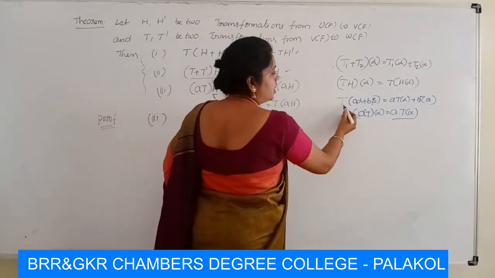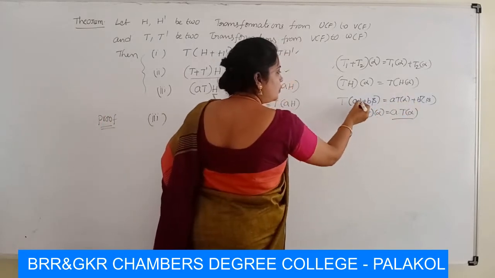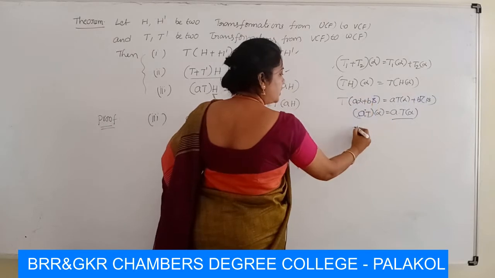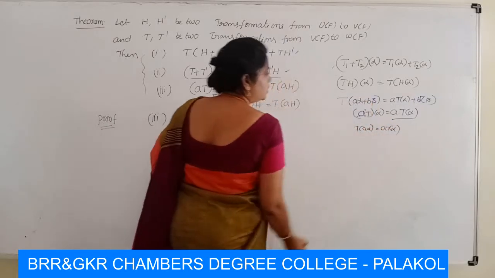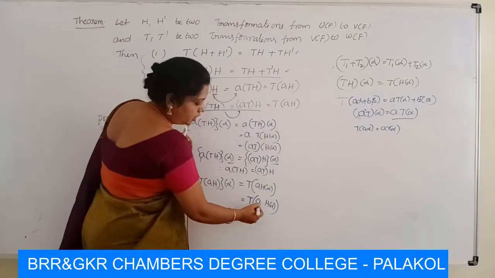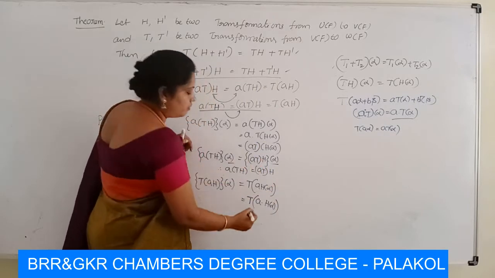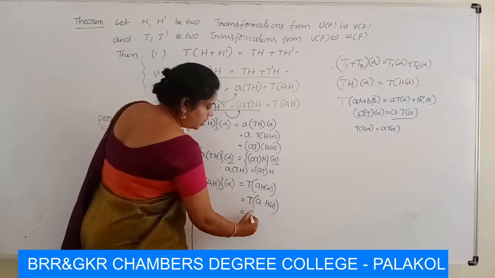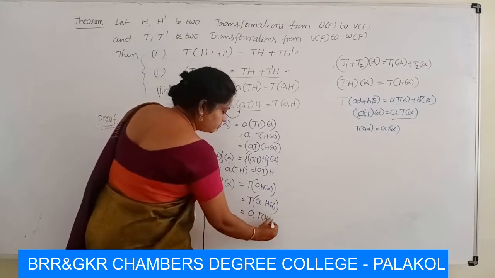By the definition, T of A alpha plus B beta is A into T of alpha. We have only T of A alpha, so this can be written as A into T of alpha. So we treat T of A into a vector, some vector h of alpha, as A into T of h of alpha.